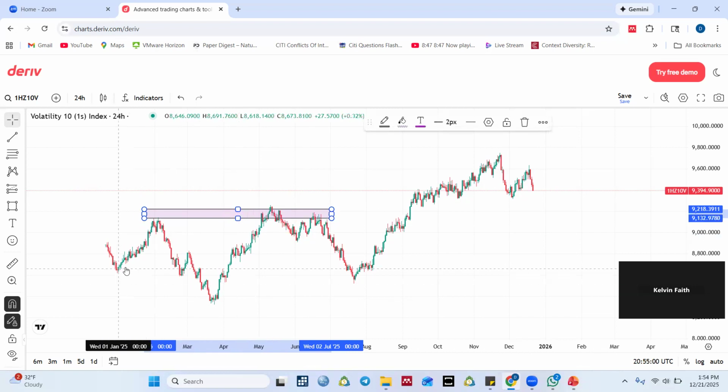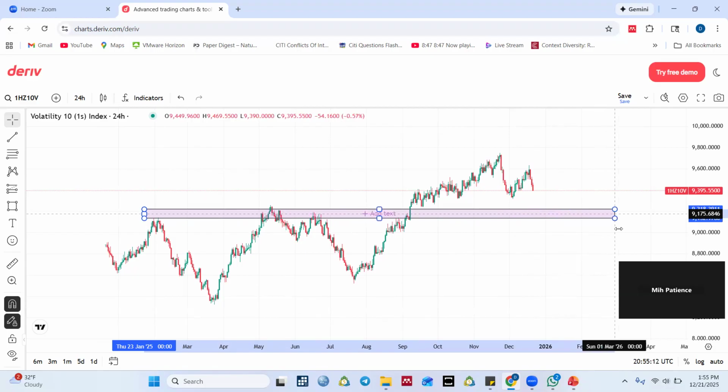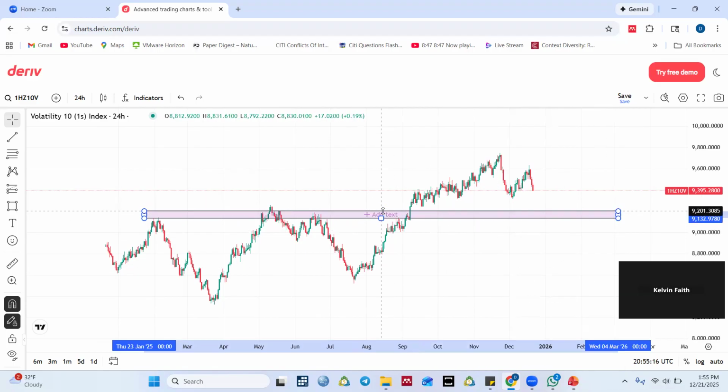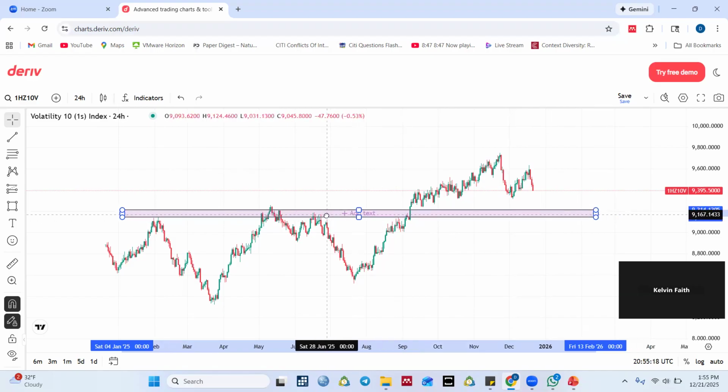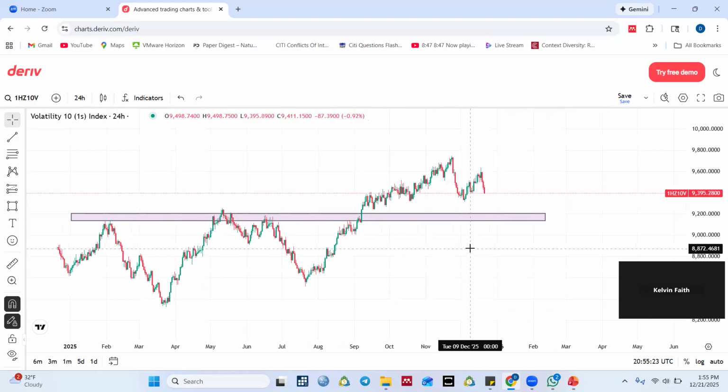The market comes from down, touches here, it drops. Goes back here, it drops small. Touches the same area here, it drops big. So I can see this area for now as a strong area. Now, the market goes up because it's bullish.